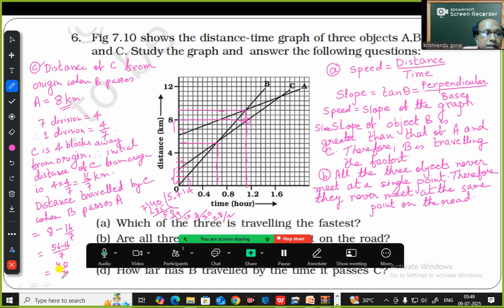You can write it as 5.714 kilometer. This is the answer.